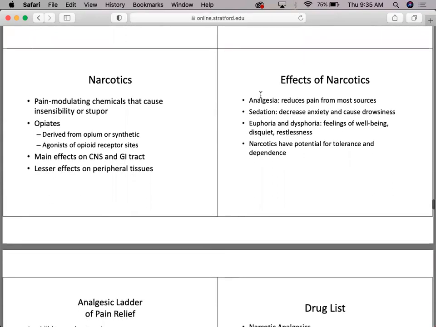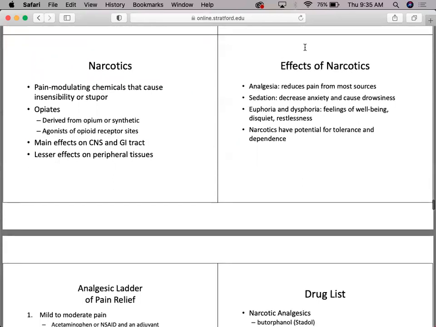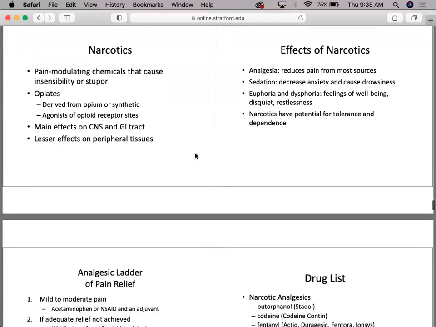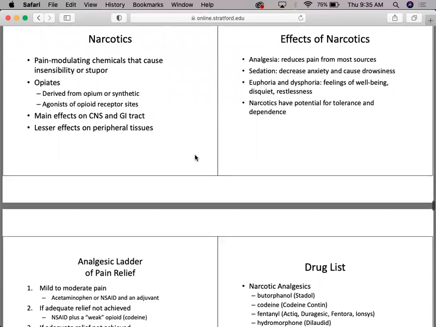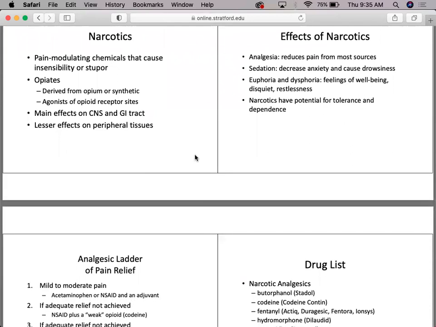But analgesia, know this term, analgesia and sedation, right? When we want to sedate the patient, we want to decrease their anxiety, make them sleepy, make them calm. But with analgesia, we want the pain to go away, or in many cases, especially with the NSAIDs, just enough to cut the edge off of it.